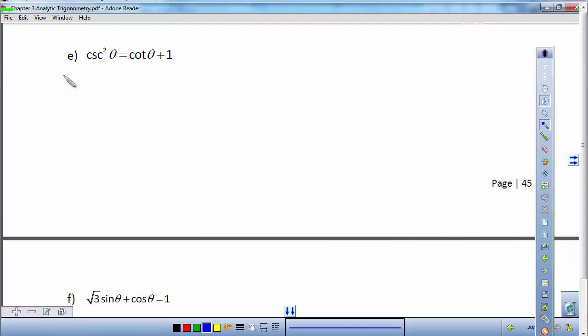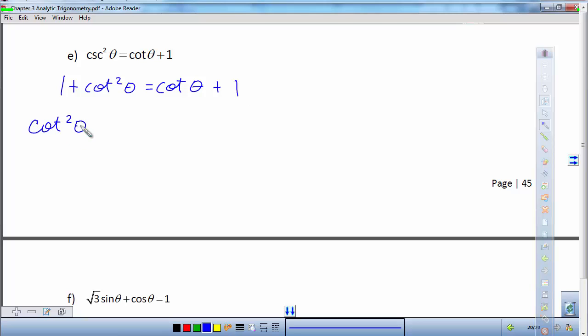So we get 1 plus cotangent squared theta equals cotangent theta plus 1. I'm going to bring everything to one side. So I get cotangent squared theta minus cotangent theta, and that's it, right? If I subtract 1 from both sides, it's going to be equal to 0.